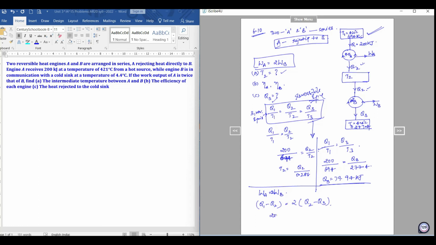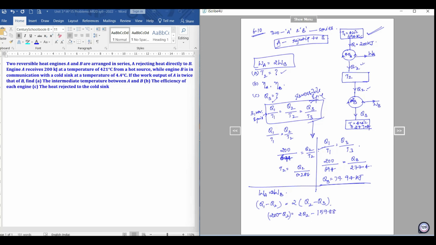This I can write as 200 minus Q2 equal to 2 times Q2 minus 2 times Q3. Q3 is 79.94, so this becomes 159.88. Okay, right? So you got all these things.